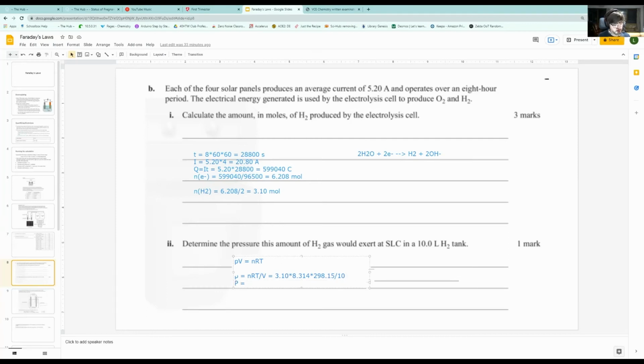I should be doing a capital P, and we have 3.10 times 8.314 times 298.15 divided by 10, and we get a pressure of 768.4 kilopascals. We've got 3 significant figures here, so our final will still be to 3 significant figures. 368 kilopascals there.